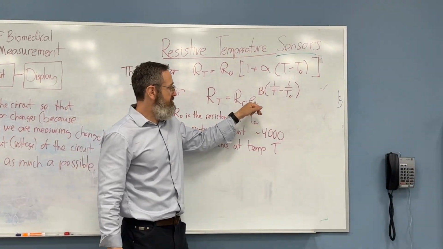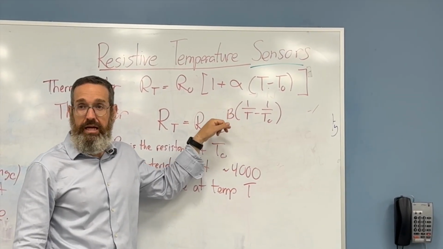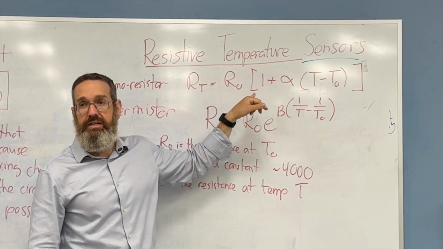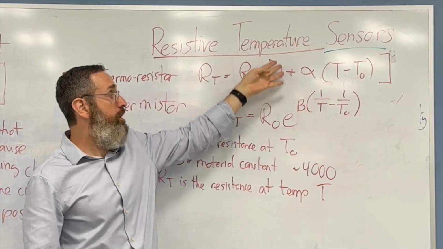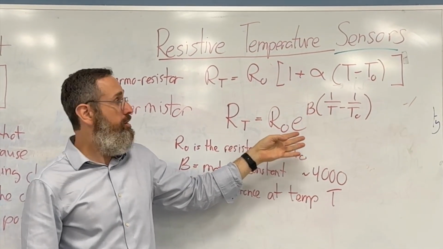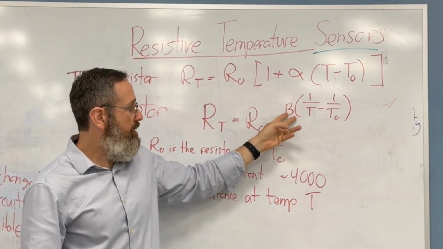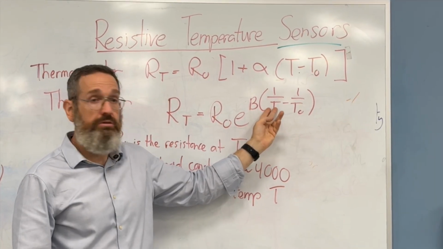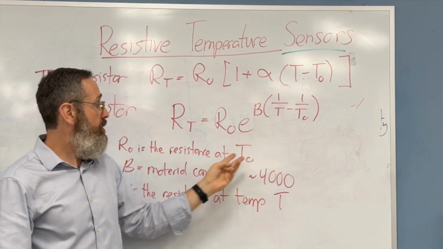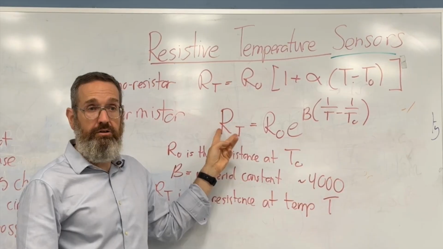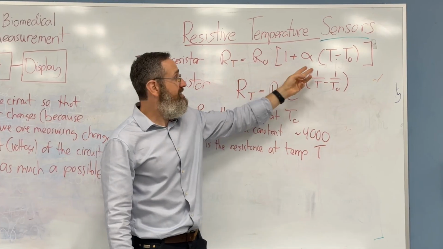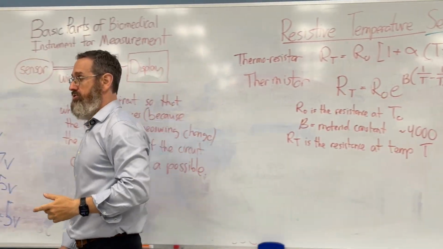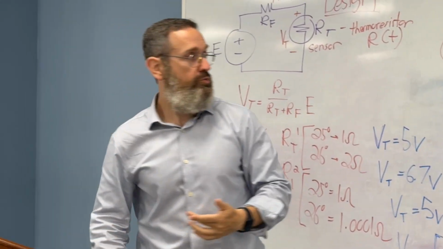Well, we have this sort of exponential here. In principle, these equations operate very similarly. We have a constant, constant, constant. Depending on the temperature, this temperature will produce a particular resistance, just like this temperature will produce a typical resistance.